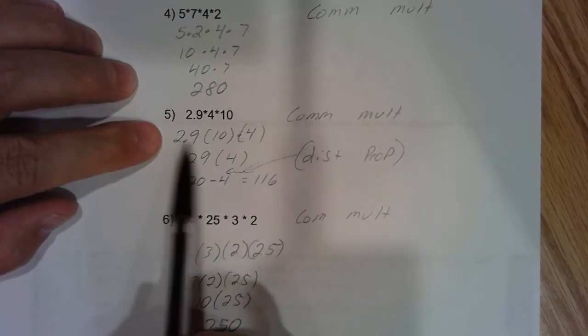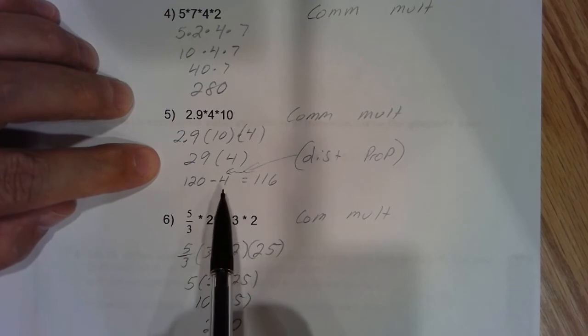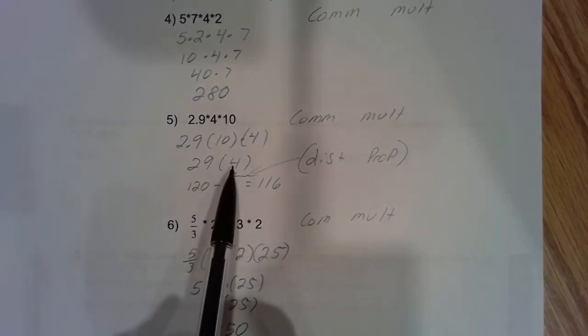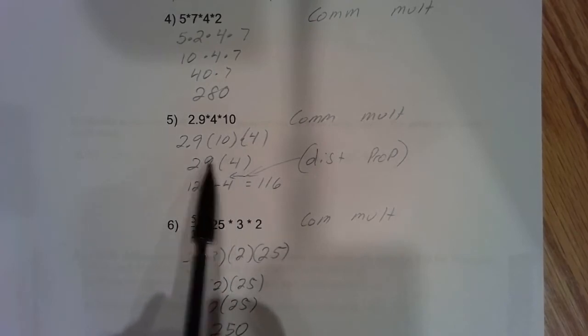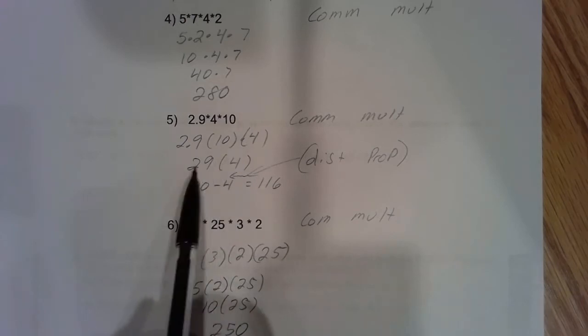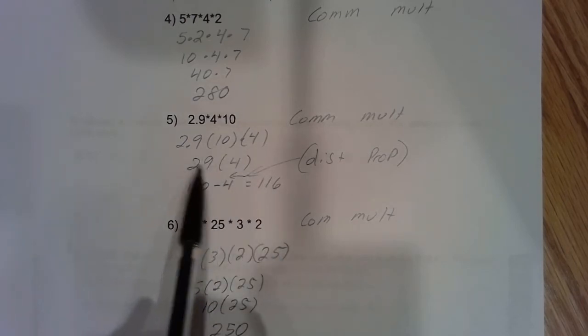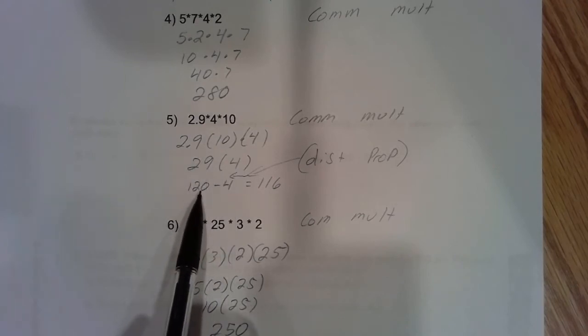So I reordered it. So 2.9 times 10 is 29, and 29 times 4. Here's a little secret. You can go 4 times 9 in your head, have the 6, carry the 3, 8 plus the 3 is 11, and get 116. Or you could think of this as 30. So 4 times 30 is 120.